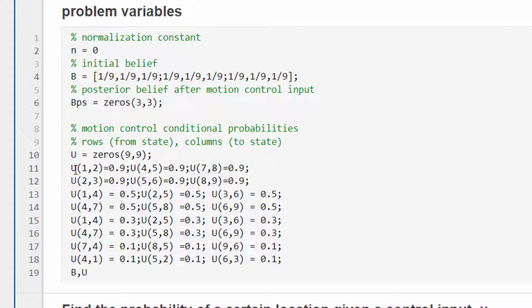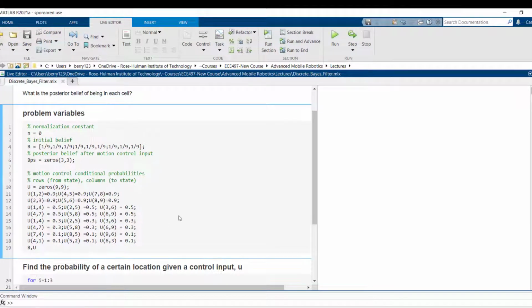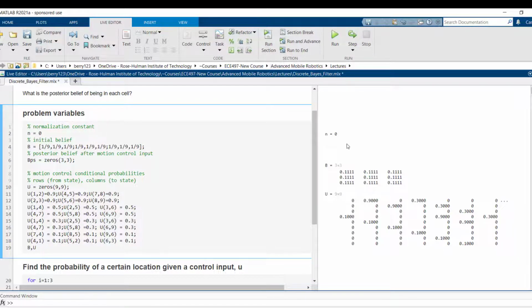For example, the probability that the robot goes from x1 to x2 is 0.9. The probability that the robot goes from x4 to x5 is 0.9. Or the probability that the robot goes from x6 to x3 is 0.1, and so on. All of this was given in the problem statement. First I'll run this section. And here we have our values of 0, 1/9 in our 3x3, and then all of our probabilities.